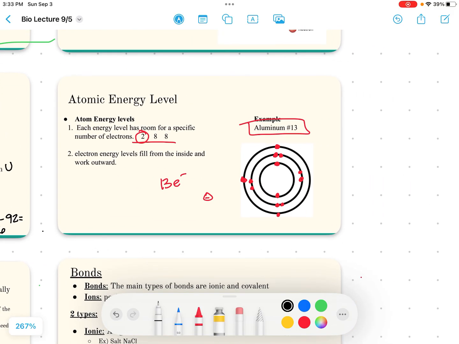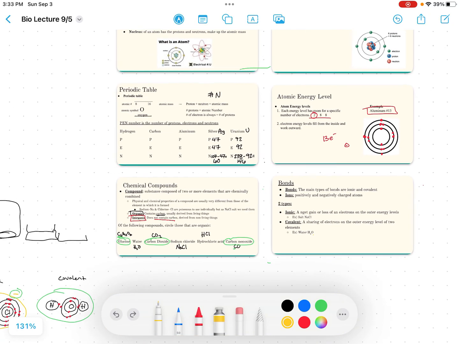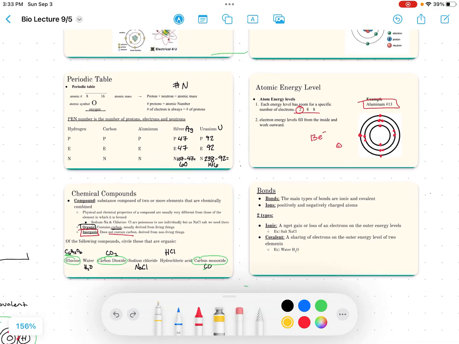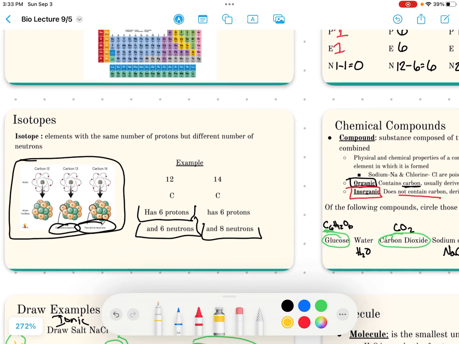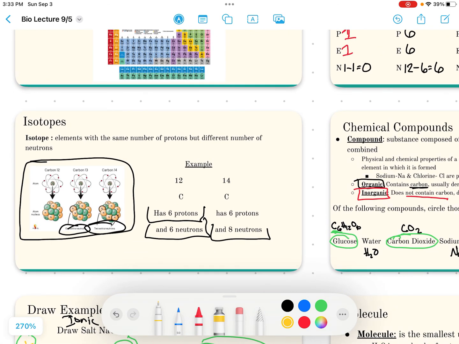Then we also talk about the energy levels, where we need to fill in our inner energy level first before we can move outwards. And it's always 2, 8, 8. We also talked about isotopes. Isotopes are elements with different numbers of neutrons, so our atomic mass is the average.